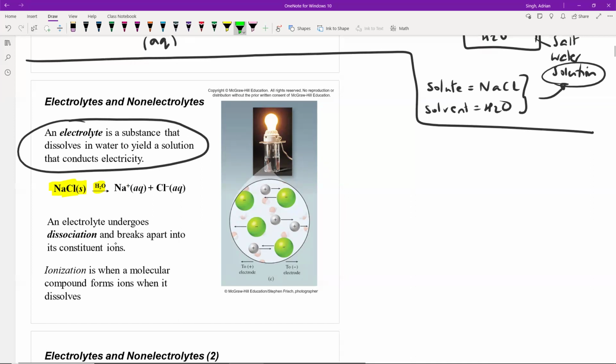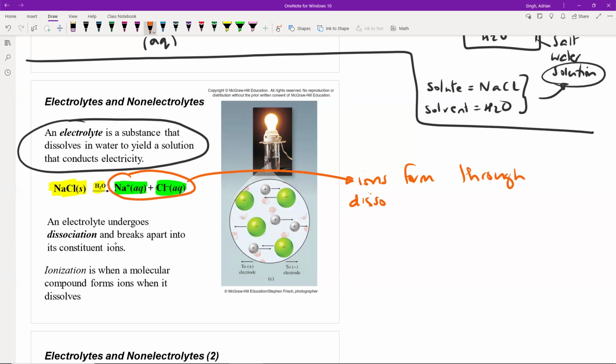The ions here are sodium, Na+, dissolved in water, so it's AQ, and the chloride ion, Cl-, also dissolved in water, also AQ. The fact that these ions form allows this to conduct electricity, and we refer to that as an electrolyte. So ions form through dissociation, and dissociation is just a splitting apart of an ionic compound into its ions.